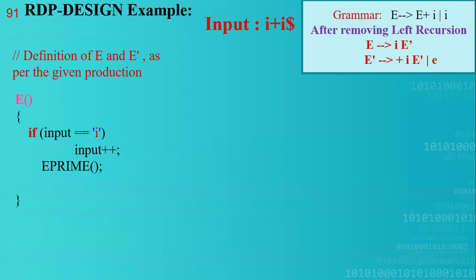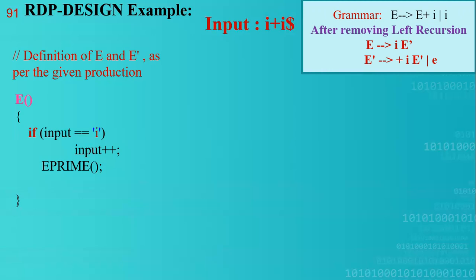So in this case, we are checking that the first symbol is an identifier I, which is a terminal. So here we are checking whether input is equal to I. If a match occurs, then we can increment the input pointer.